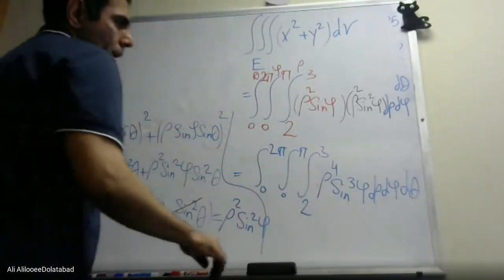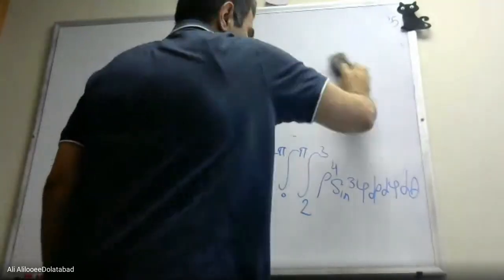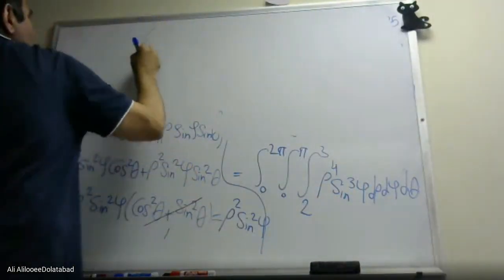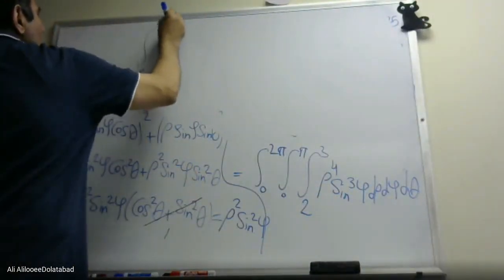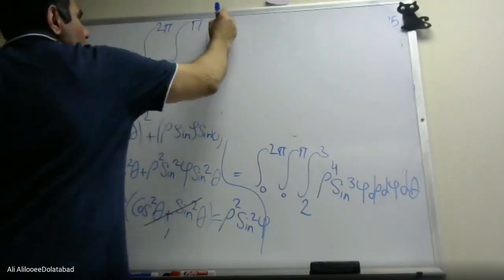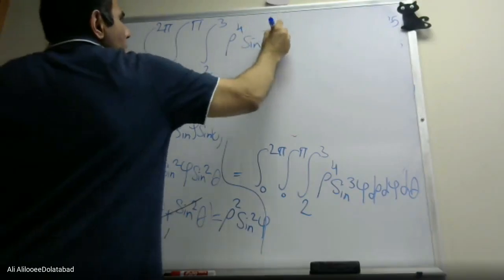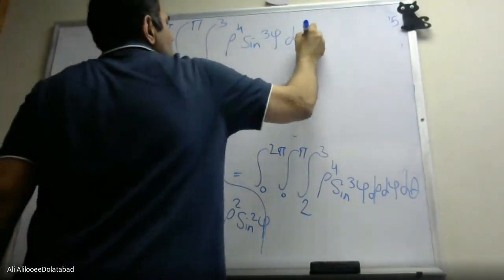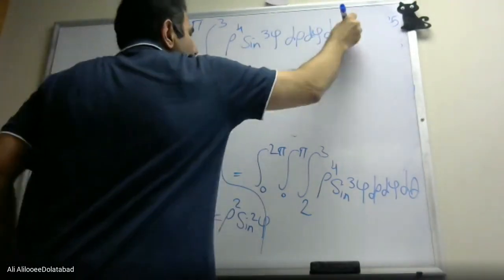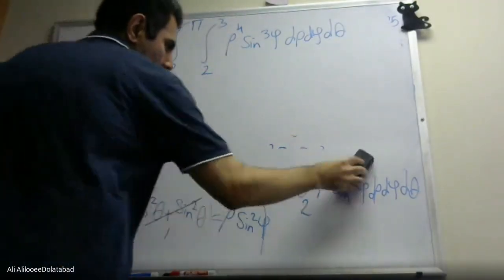So, okay, then let's continue. We have the integral 0 to 2 pi, 0 to pi, 2 to 3, rho to the 4 sine cubed phi, d rho d phi d theta.